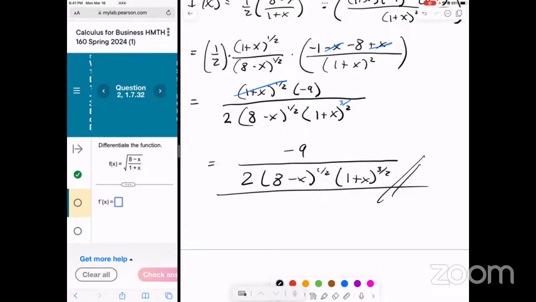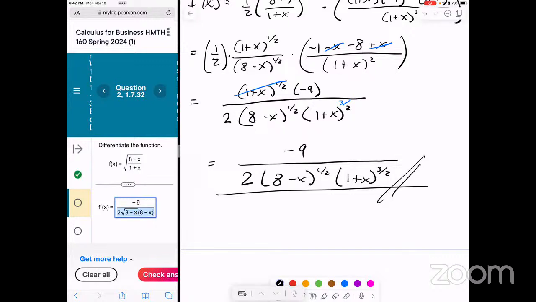Let's go fraction. Now on top we have -9. And another thing we could do, we can look at the viewing example before we submit ours and see if they have a similar form. But I'm just going to go with this. 8 minus x to the power, let's say the square root of 8 minus x.